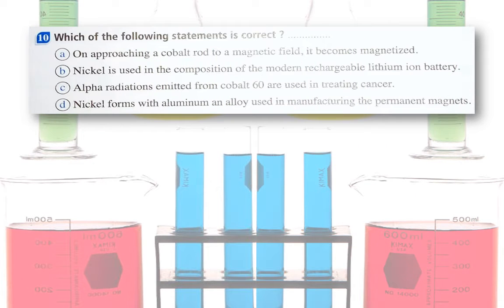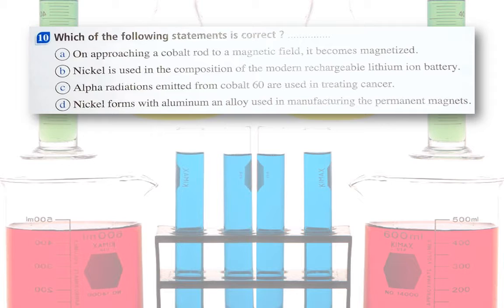Question number 10. Which of the following statements is correct? On approaching a cobalt rod to a magnetic field, it becomes magnetized. Nickel is used in the composition of modern rechargeable lithium ion batteries. Alpha radiations emitted from cobalt 60 are used in treating cancer.